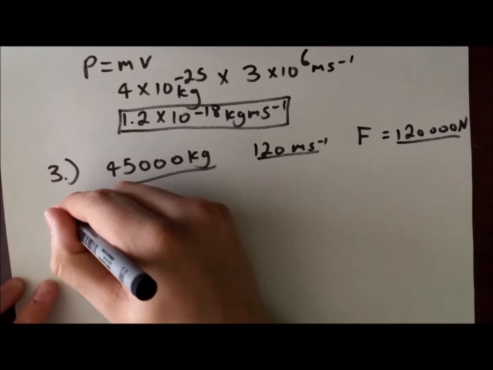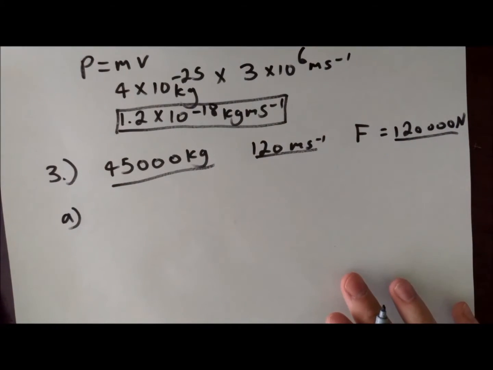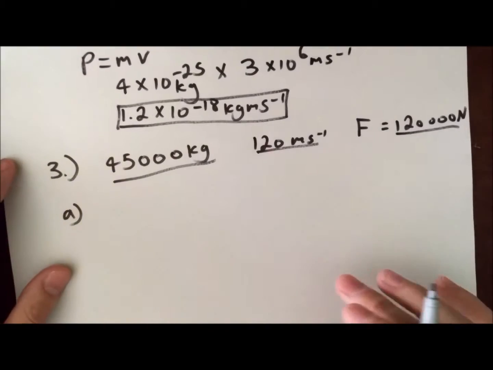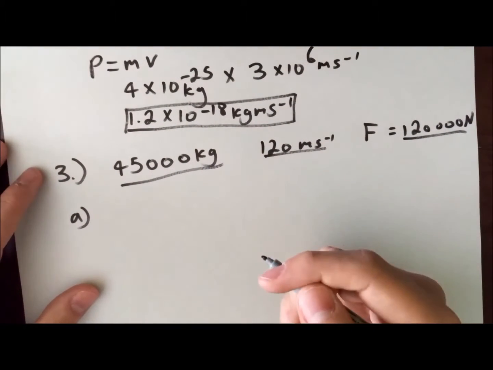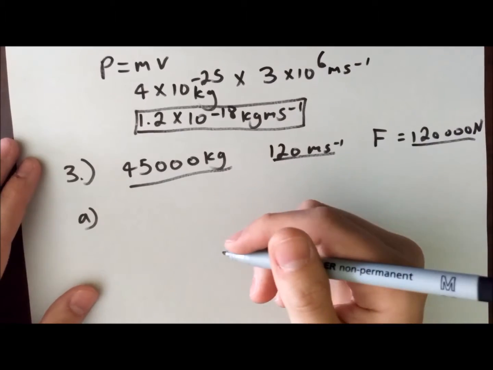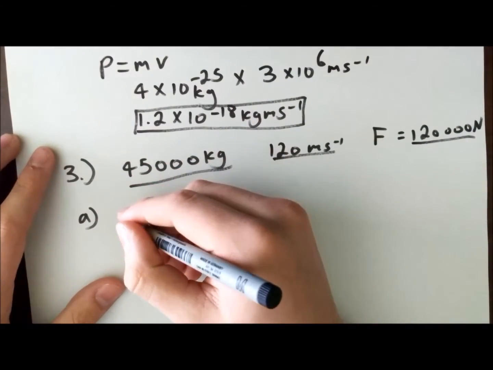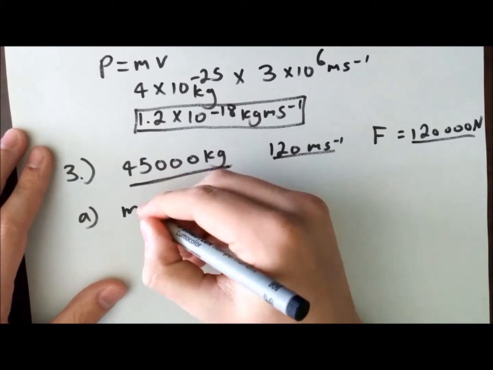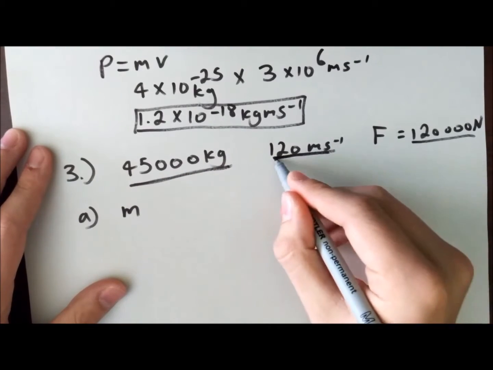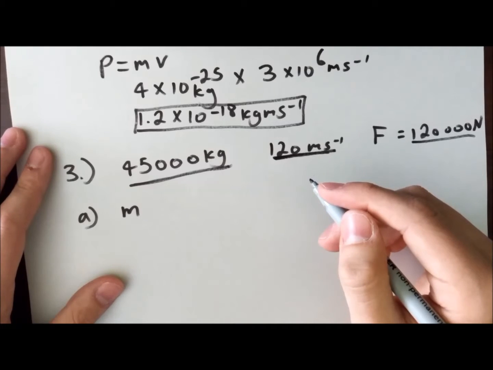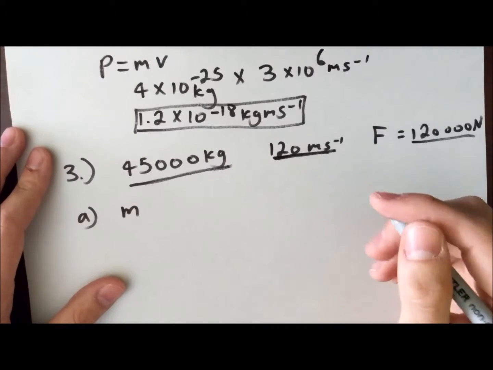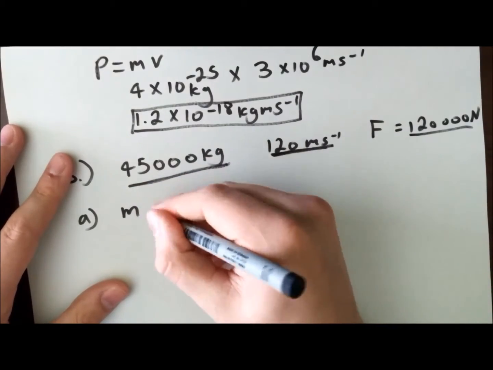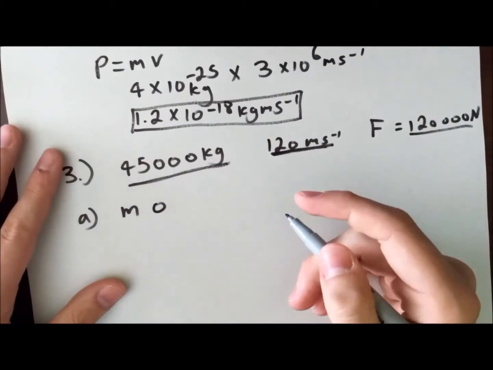Now, in part A, it asks us to calculate the gain of momentum of the aircraft. Now, to find gain of momentum, we take our formula for change in momentum. So let's say we have mass, which is remaining constant here, and the speed or velocity is also remaining constant, because let's say our starting velocity is 0, which it is because it's not taken off yet.